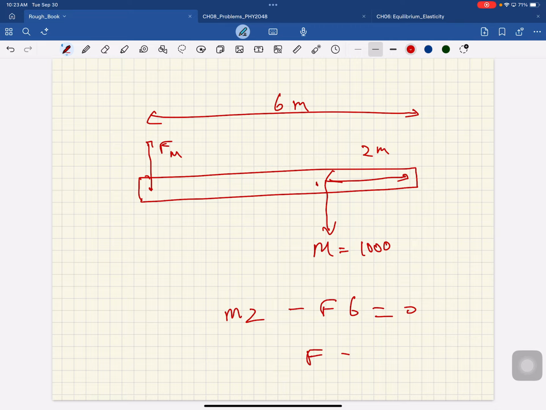So the force is 2m over 6, 1/3 the mass of the bucket.